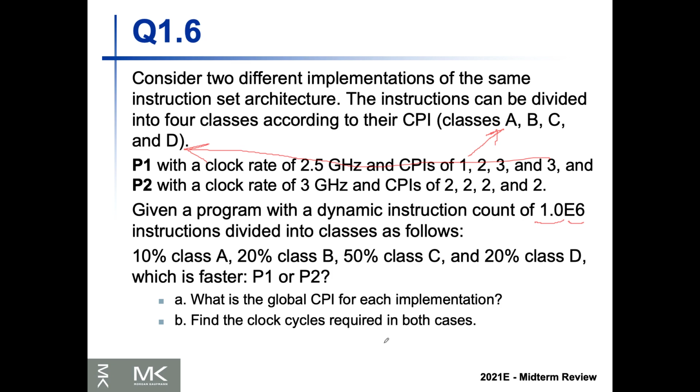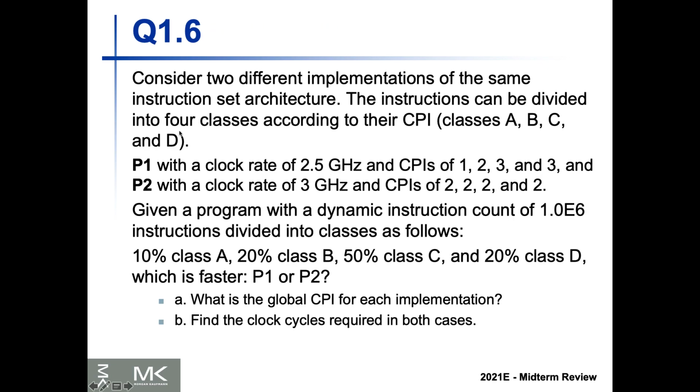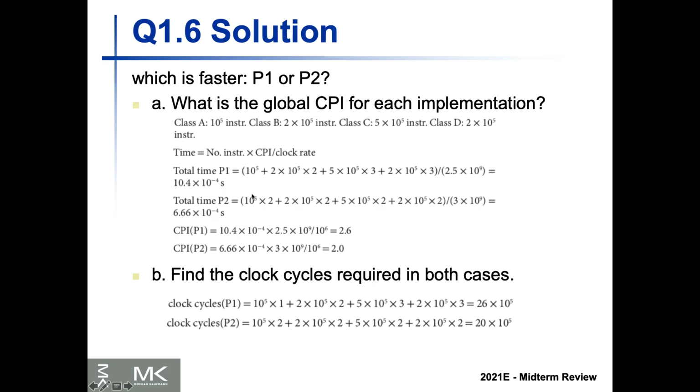It's pretty easy to tackle this. They're just simple formulas. For the classes, you recall we had the overall instruction count, so we can divide it into different classes: 10% for A, 20% for B, 50% for C, and 20% for D. So for instance, 10% of 10 to the power of 6 would be 10 to the power of 5.